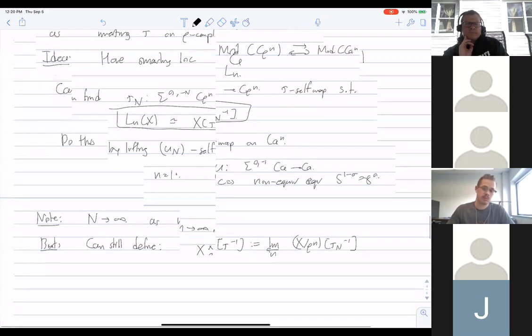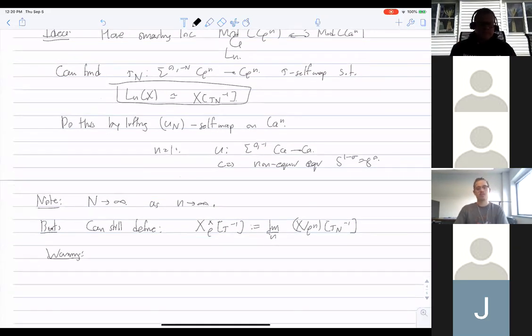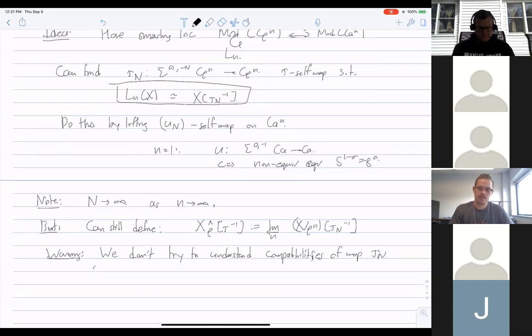Let me warn you that in the paper, we don't try to understand the compatibilities of the maps tau n as n varies.